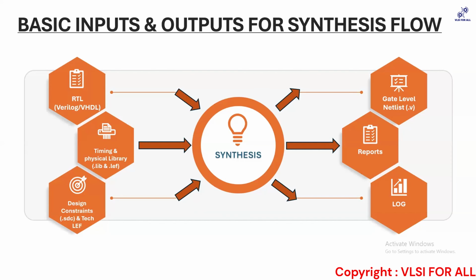But the changes in the SDCs provided at your end versus the ones which go to PNR are hardly any. In PNR it will go through floor plan, placement, CTS, routing.